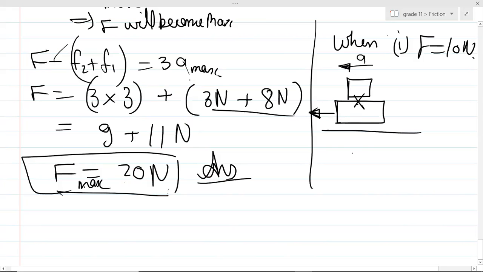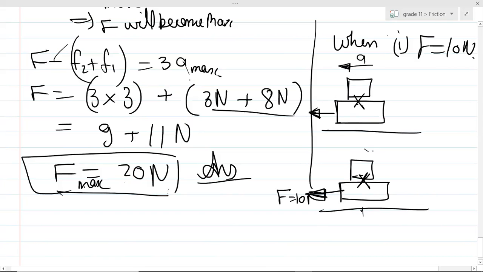Yes or no, guys? So basically, what will be the force on these two blocks? The force was how much? 10 newtons. There is no relative motion between the blocks. And now can you see, this will move as a common block with a common acceleration A. But can you see now what will be the limiting friction on this?